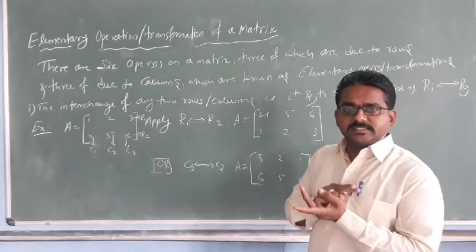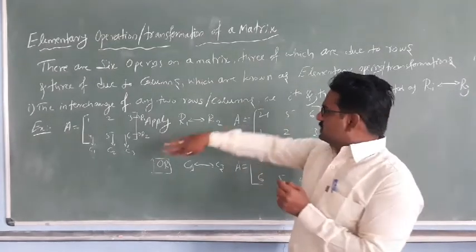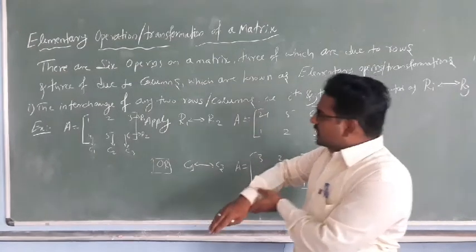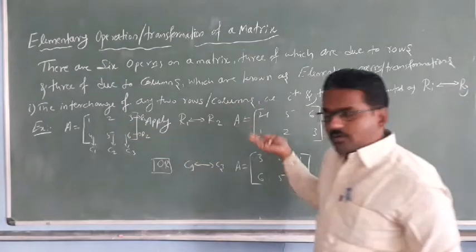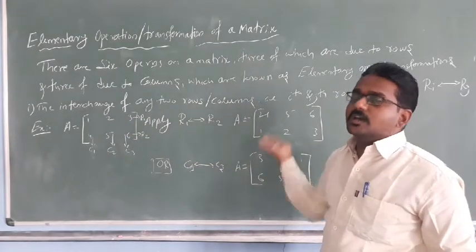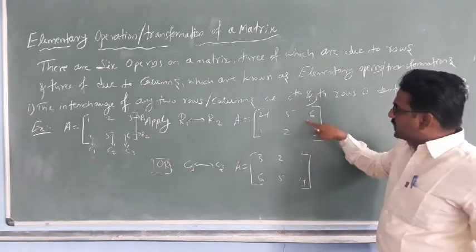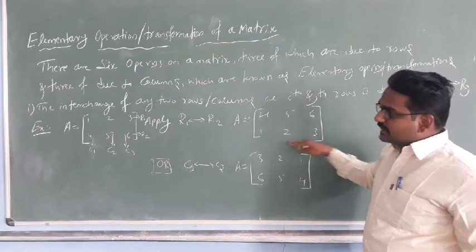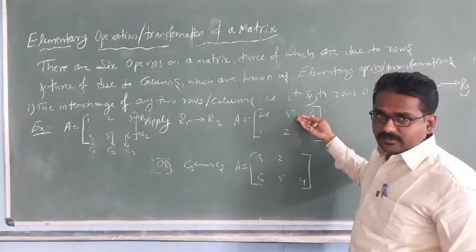So not in one way, you have to do it in both ways. What is the R1 row? 1, 2, 3. You have to transfer it to R2. So the first row 1, 2, 3 was shifted to R2, and the elements of row 2, that is R2, shifted to R1.